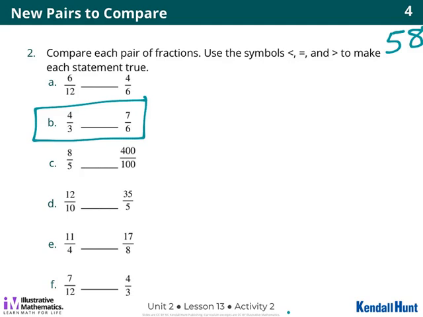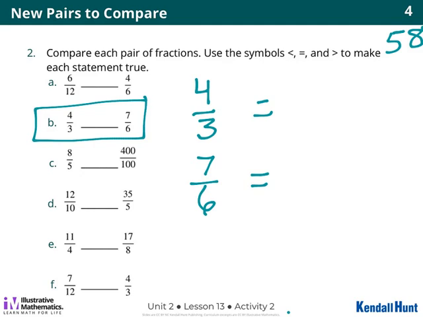Okay, so the first thing we're going to do is rewrite them vertically. If you already did it, you're checking your work. If you didn't do it, you should have a pencil in your hand and you should be doing it. So we're going to rewrite 4/3 and 7/6 vertically.